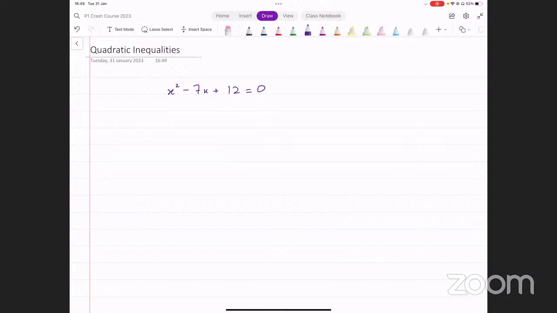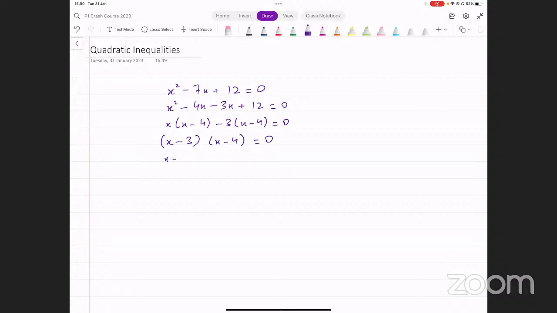We can write x squared minus 4x minus 3x plus 12, so we basically break the middle term, and then we factorize. It becomes x into x minus 4 minus 3 into x minus 4 equals 0. Now we get two factors: x minus 3 into x minus 4 equals 0.